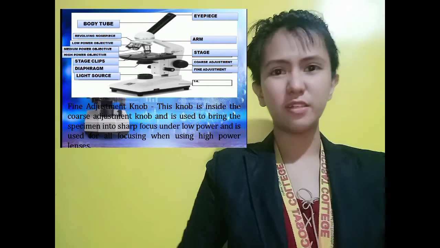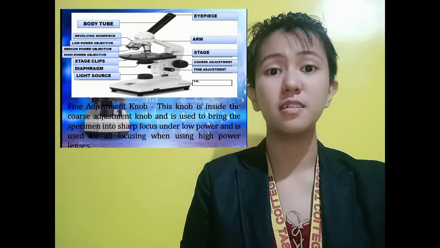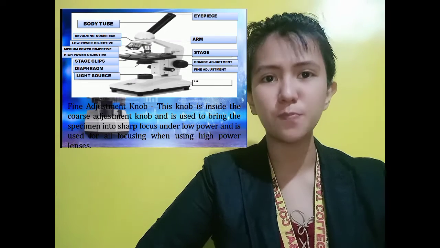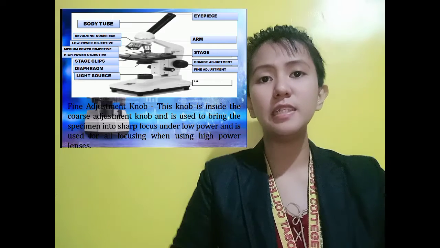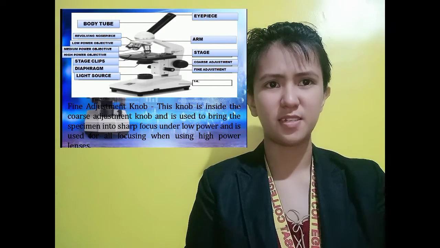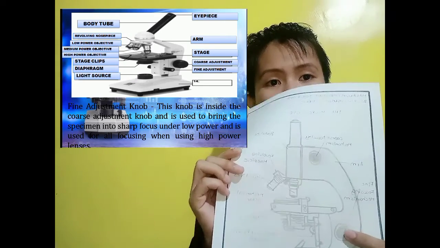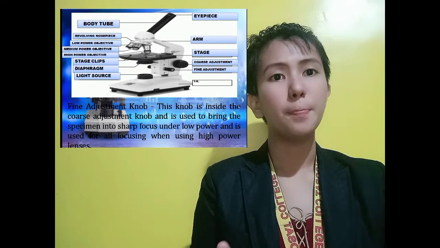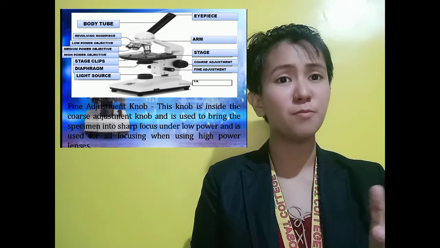So, the next is the fine adjustment knob. This knob is inside the coarse adjustment knob and used to bring the specimen into sharp focus under the low power and used for focusing when using high power lenses. So, dito naman sa fine adjustment, ito naman is i-focus mo siya if low lenses yung ginagamit mo.